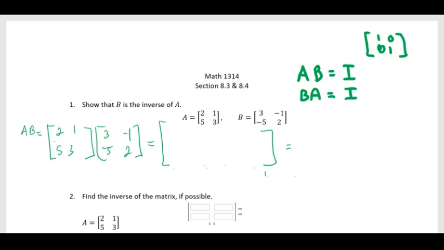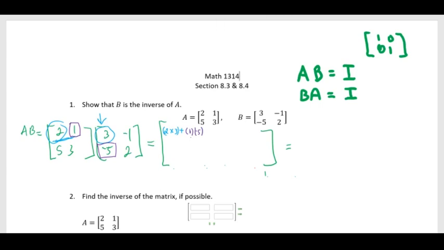First we're going to take the first row with the first column, and we're going to multiply the first number times the first number. So that's going to be 2 times 3 plus the second number times the second number, which is 1 times -5.